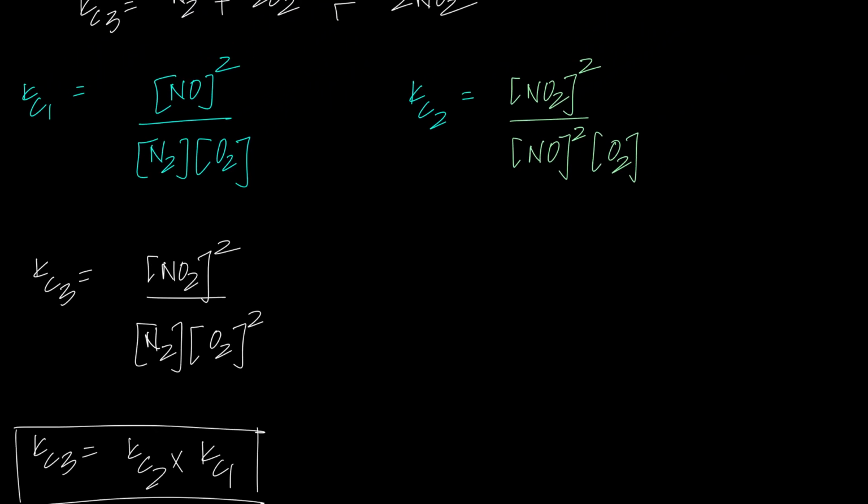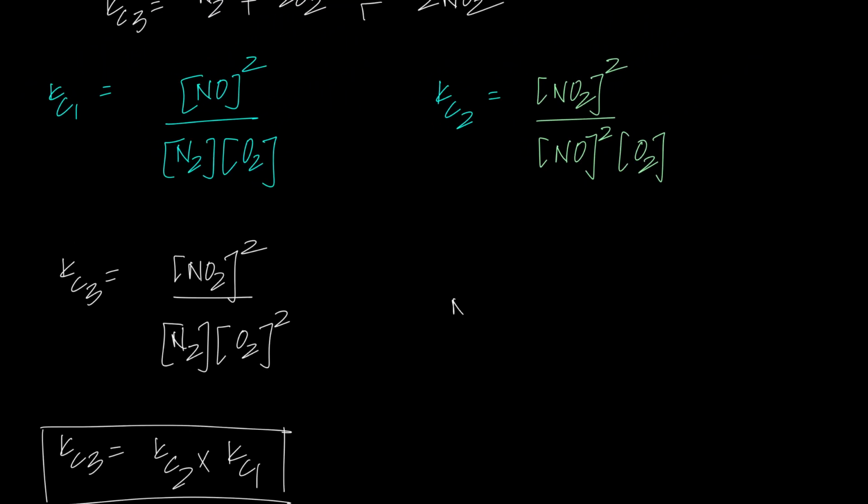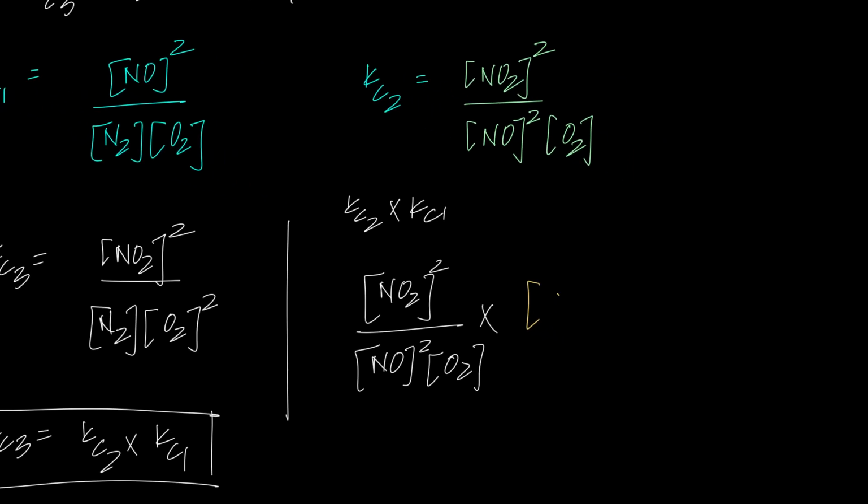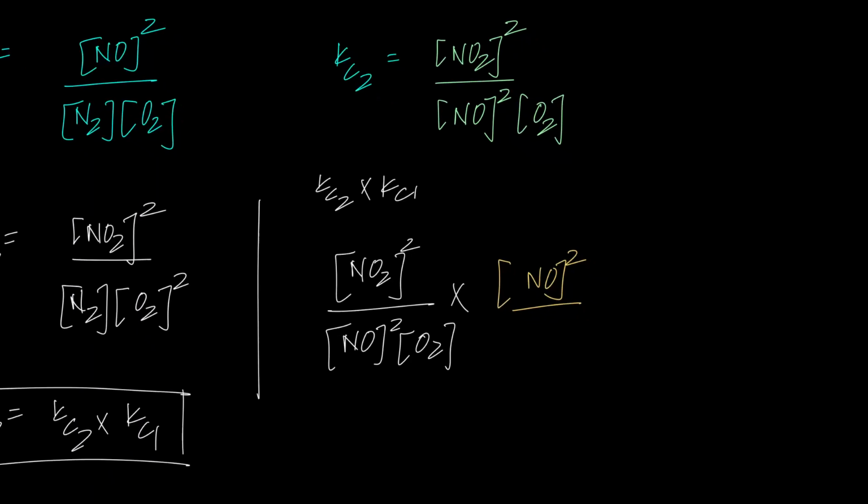I'll prove it to you. Take the expression of Kc2: NO2 squared divided by NO squared and O2, multiplied by Kc1, which is NO squared divided by the concentration of N2 and the concentration of O2.